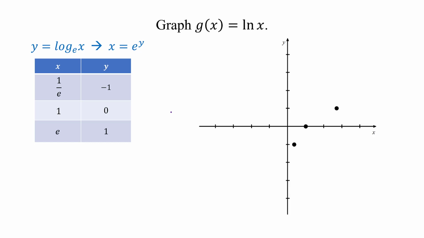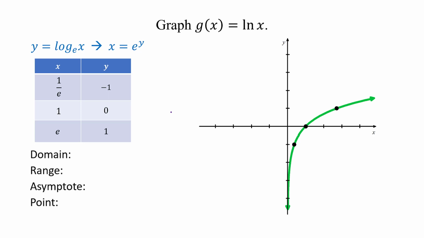We'll plot these 3 points, 1 over e, -1, 1, 0, and e, 1, and then connect the 3 points with a smooth curve. We have a nice logarithmic curve here that has a domain of 0 to infinity, a range of all real numbers, the asymptote x equals 0, and contains the point 1, 0.